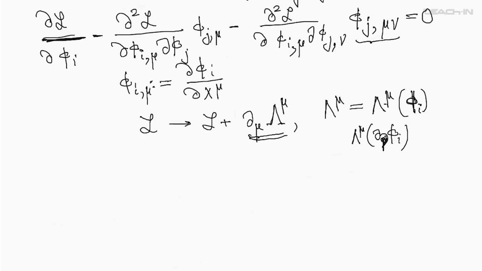I'm saying that if you change the Lagrangian by adding to it the total derivative of the form d mu lambda mu, where this vector lambda mu is a function of the fields phi I only, then equations of motion will not be changed.